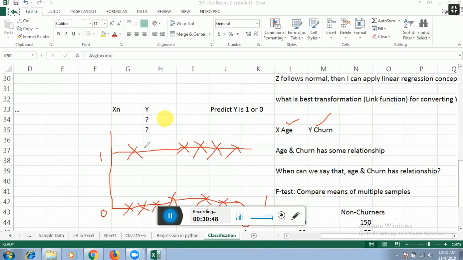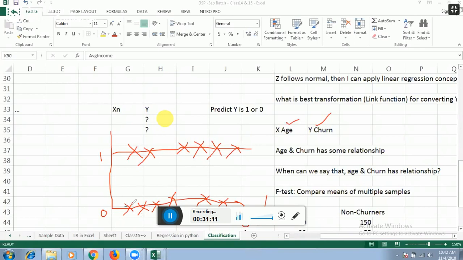Some low age also you will have churners, but the majority of churners are at high age. At high age, you have a high number of churners, and at low age you will not have many churners. So if I want to come up with a relationship like this, what is the best relationship I can think about?